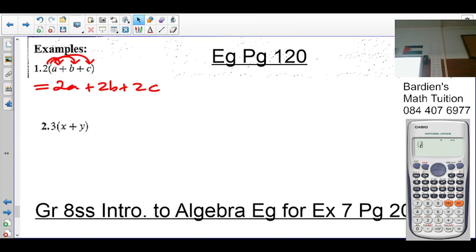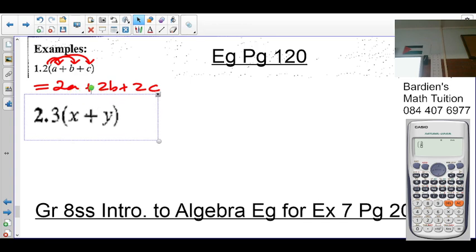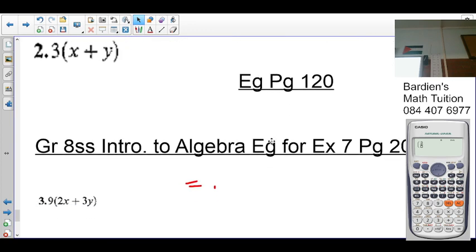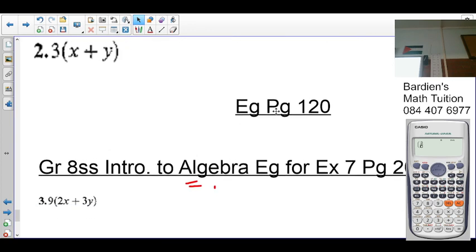Try number 2 quickly. Right, so what do we get?